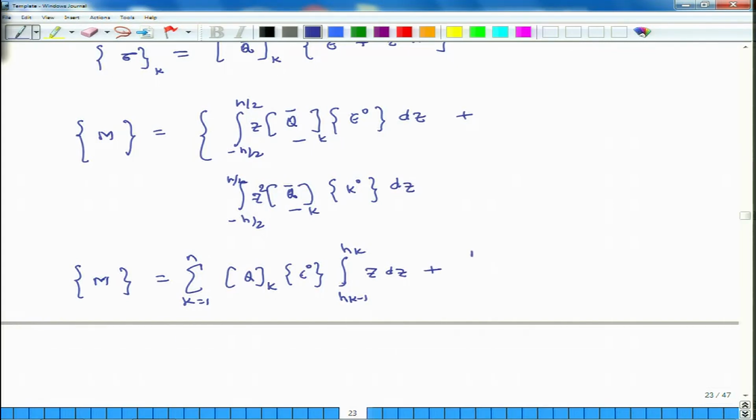plus summation k is equal to 1 to n, Q bar for the kth layer times the curvature vector times the integral from h k minus 1 to h k of z square dz.